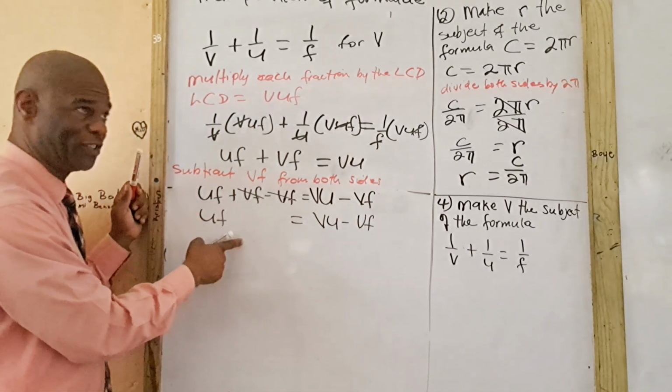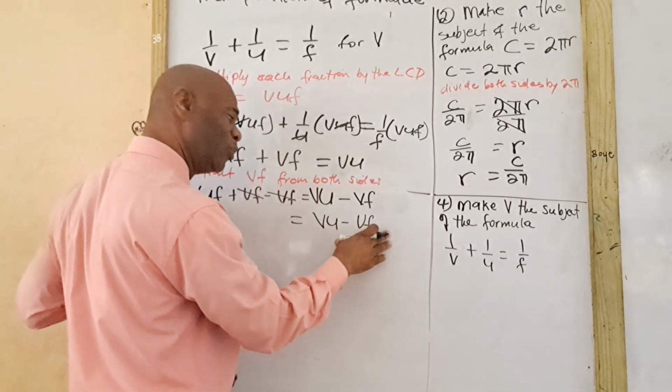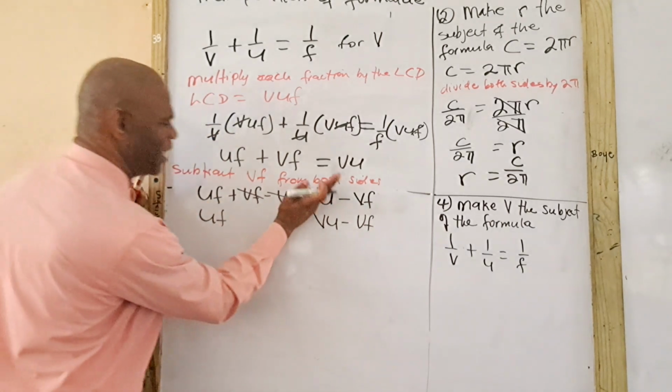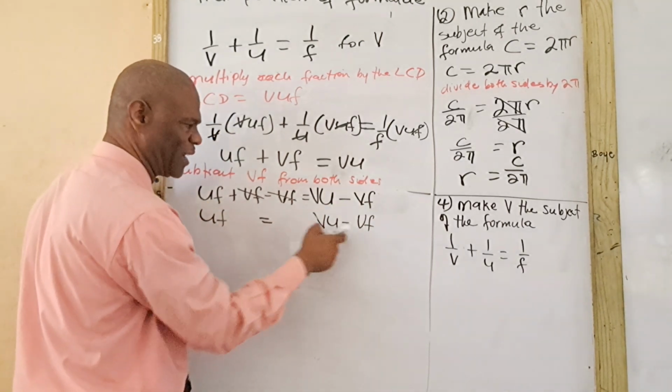Now when we get here, notice we have two V's, so we can factorize out the V's.